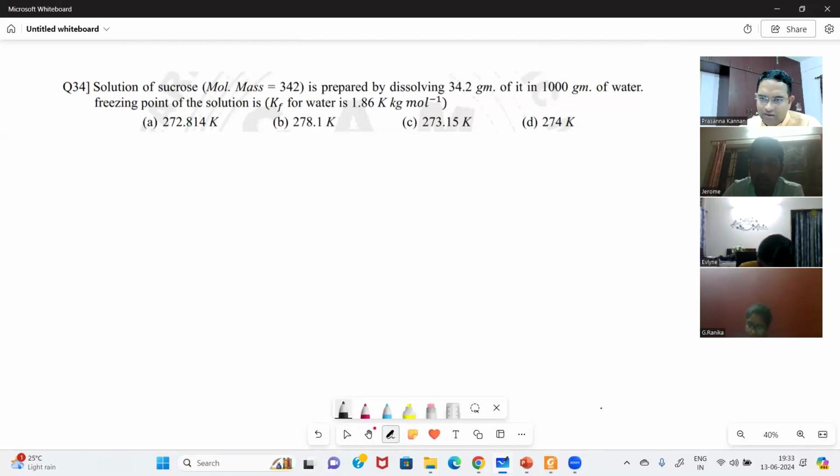It decreases, sir. Depression in freezing point, correct? Yes. The freezing point will decrease because the process is different, right? You're trying to get the molecules closer in case of freezing. So freezing now will become more challenging with solute particles. So it'll freeze at a lower temperature than it did. So there is a depression in freezing point.